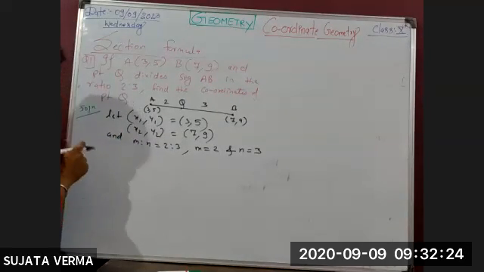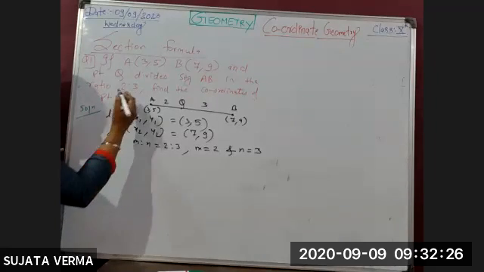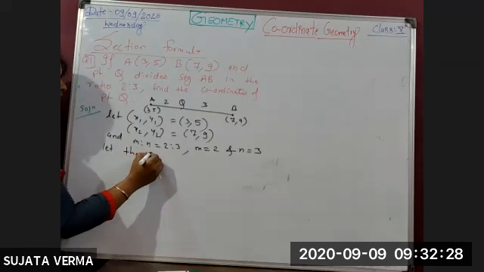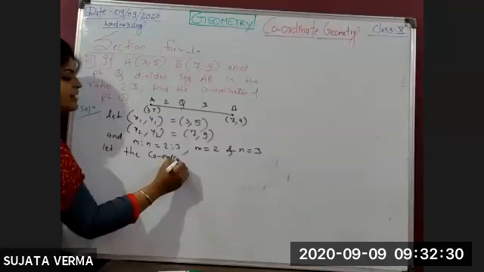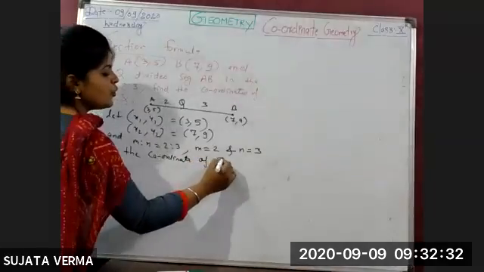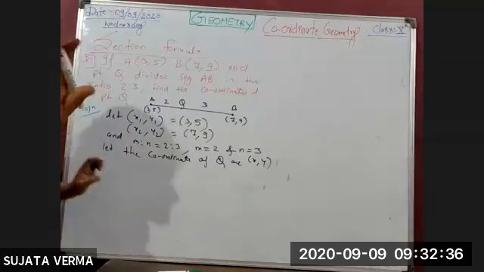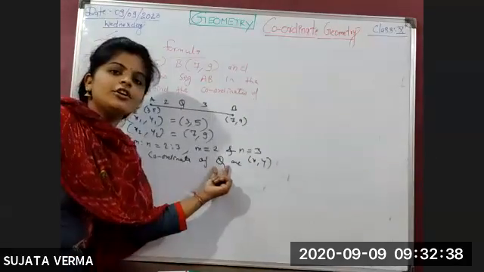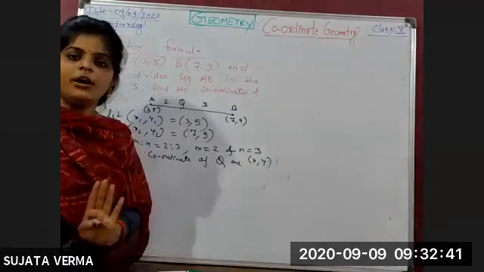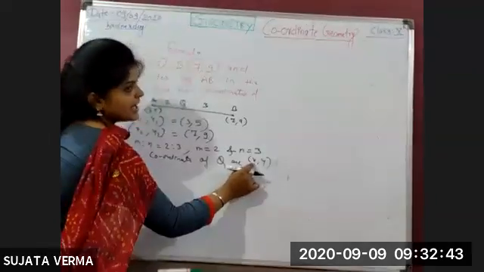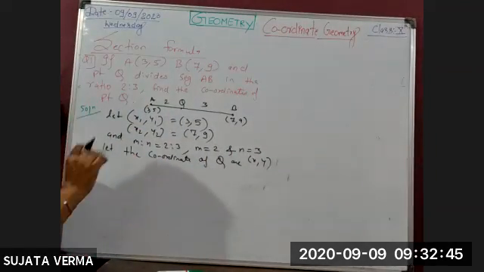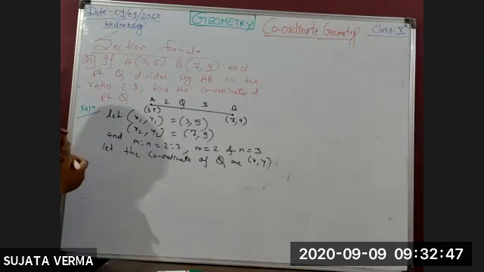What we have to find? The coordinates of Q. Let the coordinates of Q be x, y. So we have to find the x and y values by using the section formula.